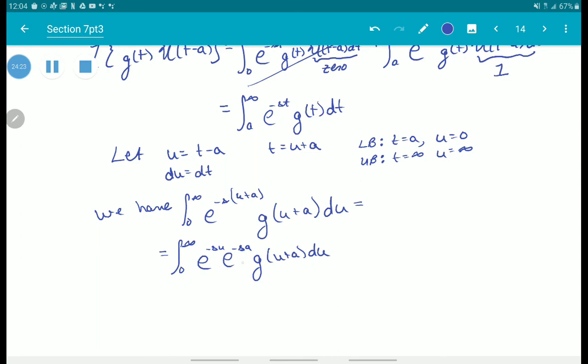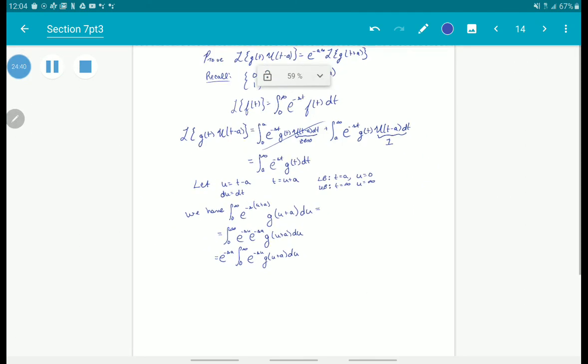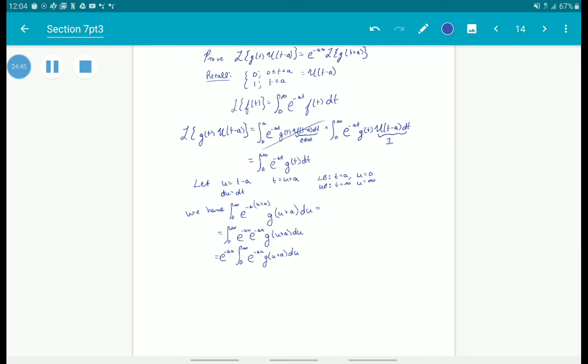Now this guy, just like before, is a constant, so we can pull that constant out. And we're integrating from 0 to infinity, e to the negative su times this function. So thinking back to our definition of Laplace, I'm going to shrink this down so we can go back to it. That was one of the things we needed. There's our definition of Laplace.